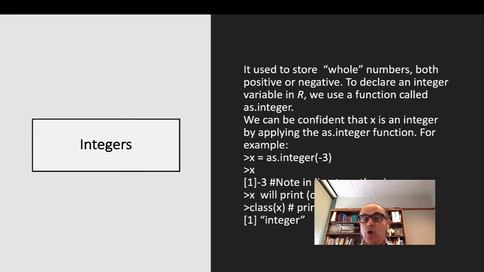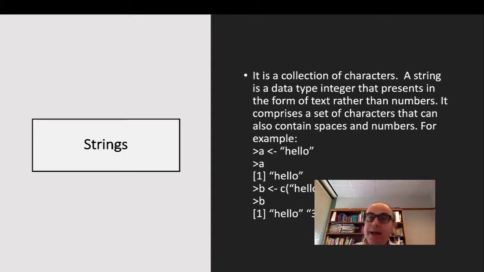In this case, x is an integer, minus 3, so it will be equal to minus 3, and you will be able to display the value as class x, and it will define itself as an integer. Again, it's really useful when we try to understand or break down formulas that ask for an integer as part of the formula or the statistical calculation.